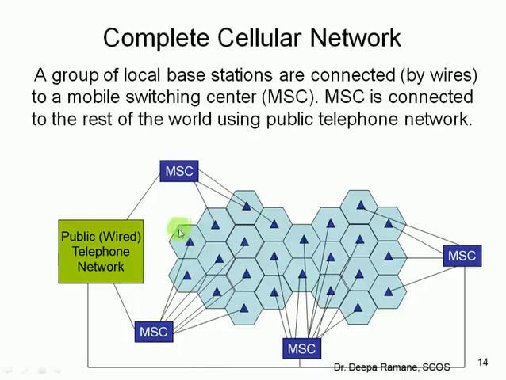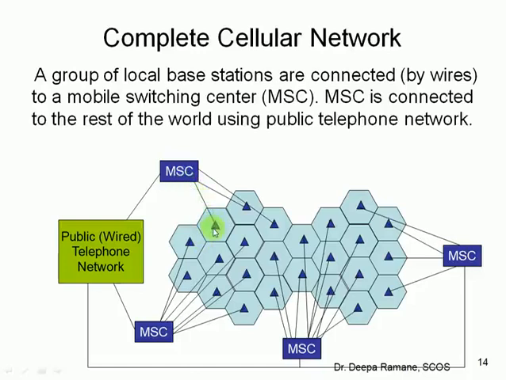We have seen that if a mobile is moving from this particular zone to this particular zone, there is a handoff technique. But there are not only two cells. There is a cluster of cells. Now, in case of this cluster of cells, each cluster will have some mobile switching center.